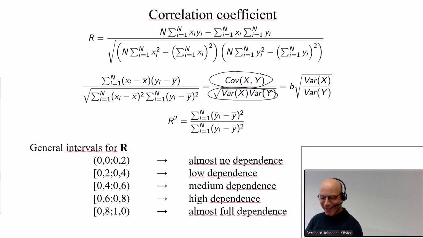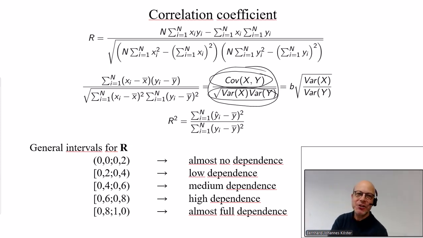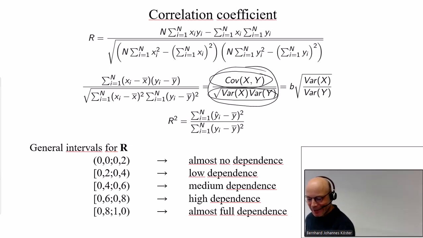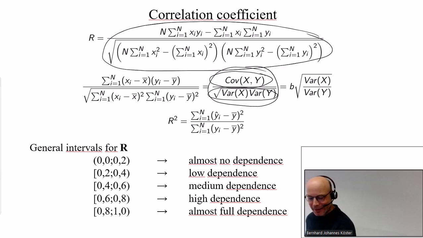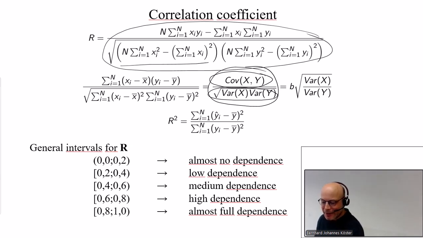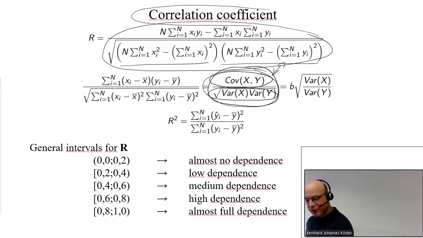Of course, but you can show that in these horrible formulas, you can just see that this is the variance of x and this is the variance of y, and that in the end you just have this number here. And this is then called the correlation coefficient.